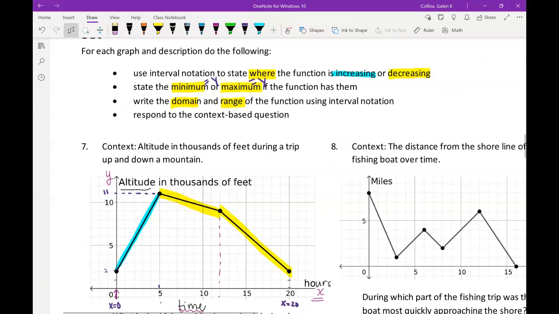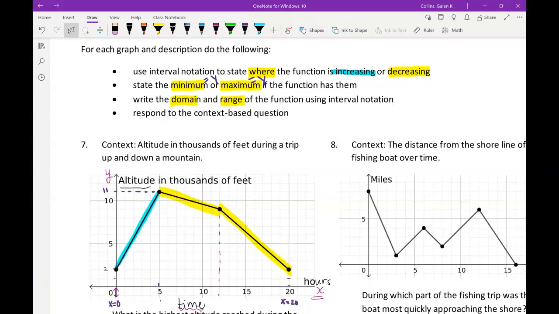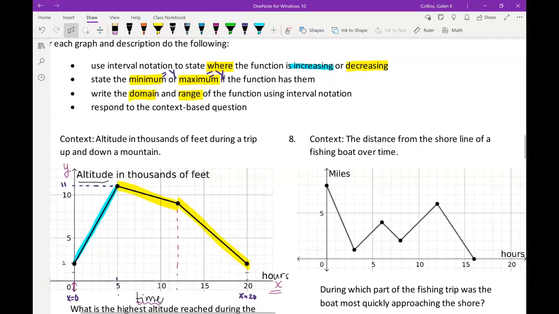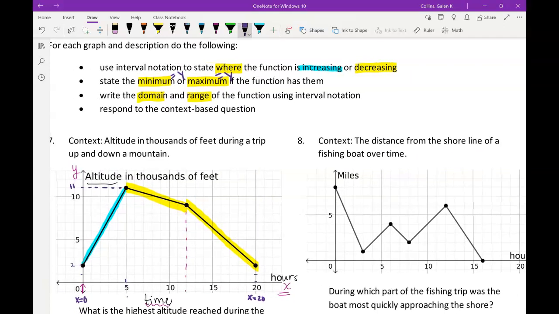All right, then we're asked to write the domain and the range of the function using interval notation. So when we use parentheses, this is going to exclude values. When I use brackets, the bracket indicates that we should include those values.